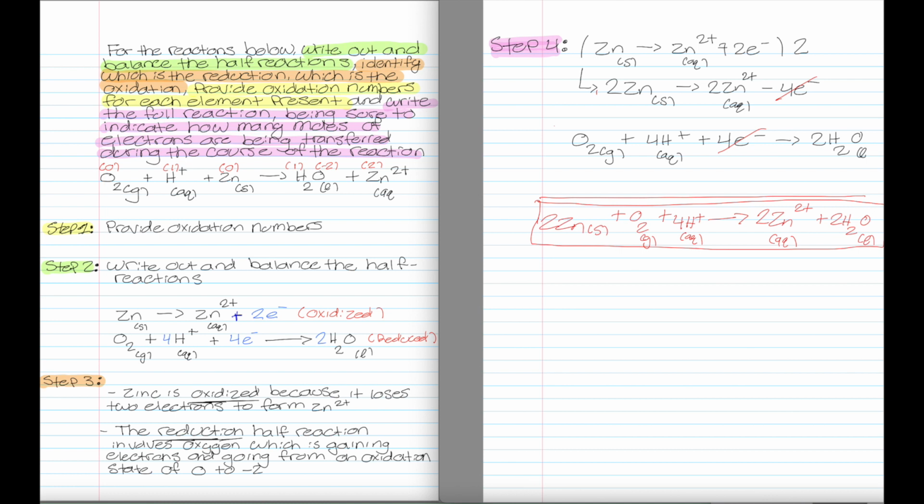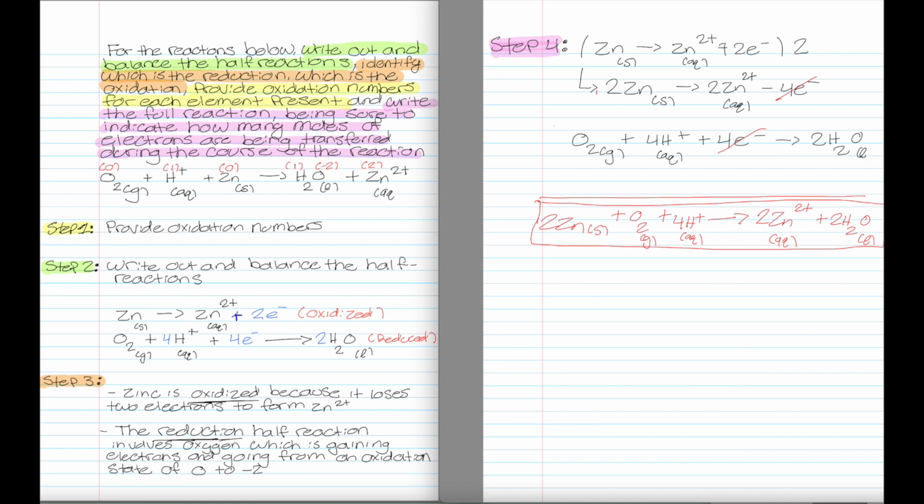There's 1 mole of zinc on the reactant side, and 1 mole of zinc on the product side. However, we need to make sure the charge is balanced as well. In order to do this, we'll add 2 electrons to the product side, therefore canceling out the 2 plus charge and giving us a neutral zinc on both sides. This half reaction is oxidation, but we'll get to that in step 3.